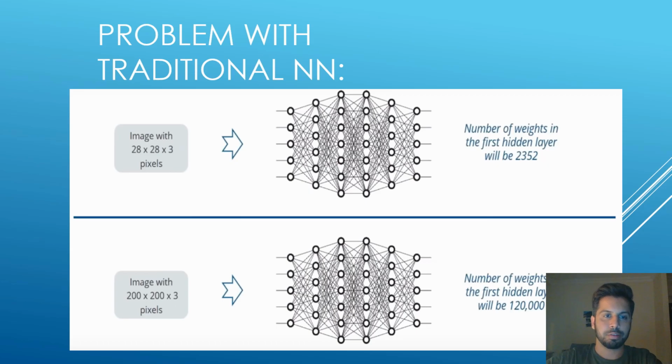So for a bigger grid of 200 by 200, we'll have to multiply it by 3, and if we multiply these numbers, we get 120,000 just for one layer, and hence using traditional neural networks requires a lot of calculations. We need a way to reduce the number of calculations.